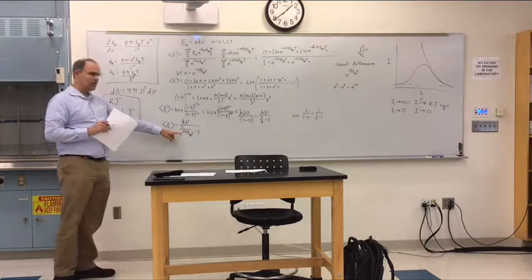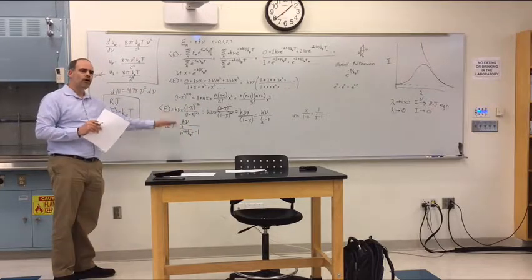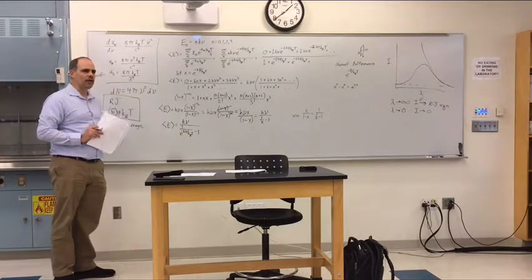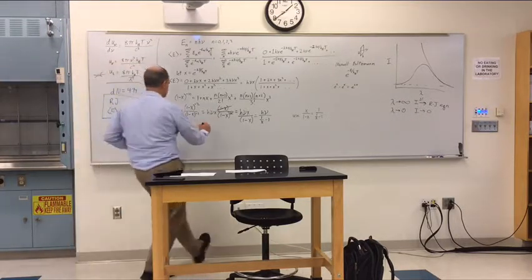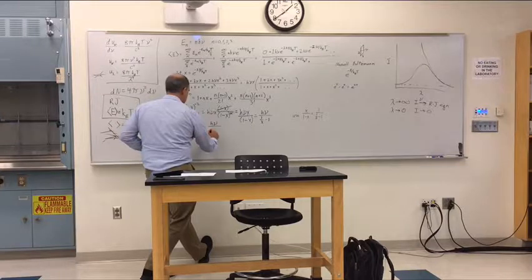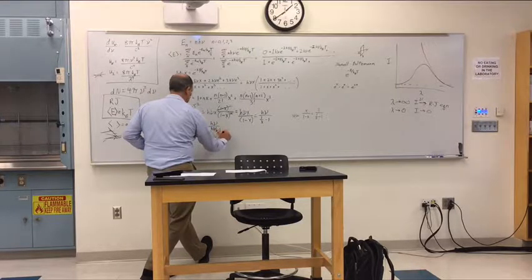Now we have this 1 over something raised to a negative exponent. We can take the reciprocal of it and get rid of the negative. So this would be equal to h nu divided by e to the h nu over k_B T, minus 1.